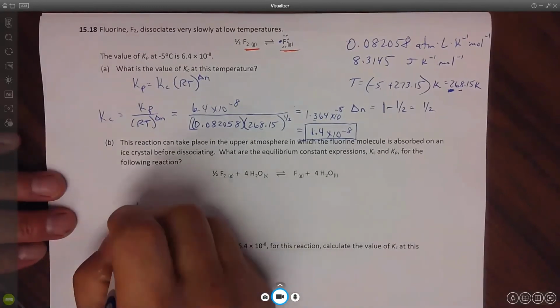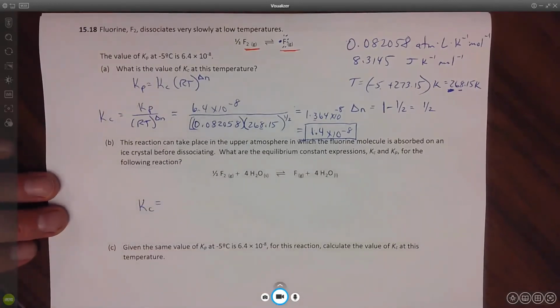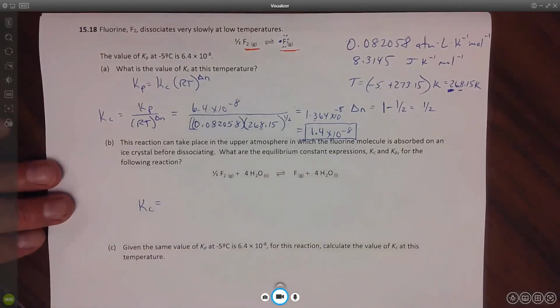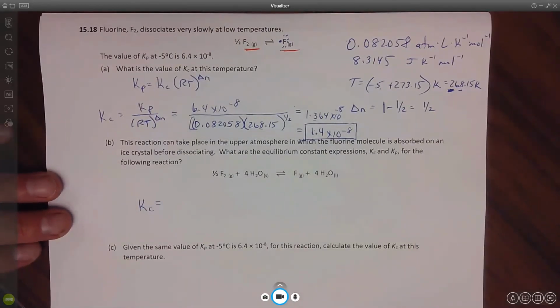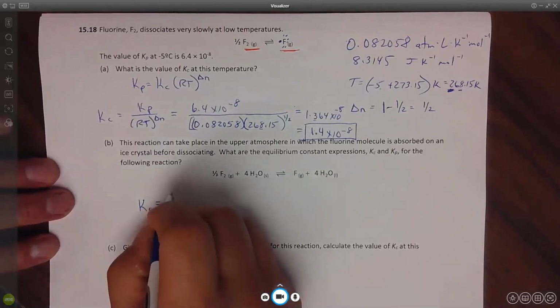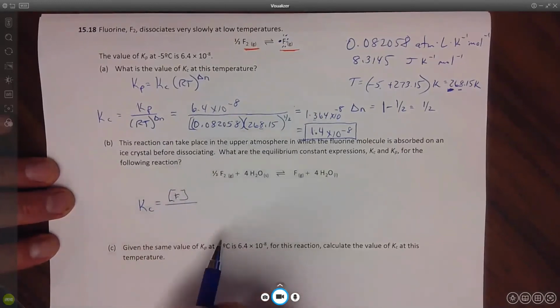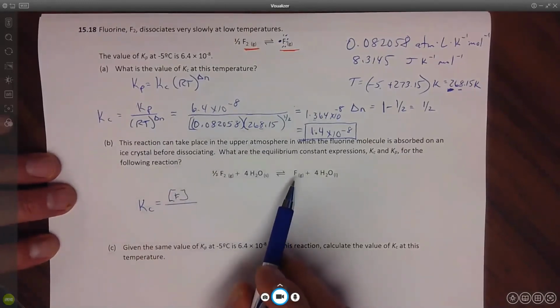So what is the equilibrium constant expression for Kc? Hannah, what do you think? It'd be the concentration of the fluorine gas raised to the first over the concentration of the fluoride ion raised to the half.